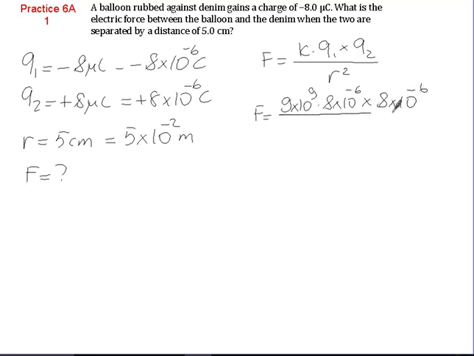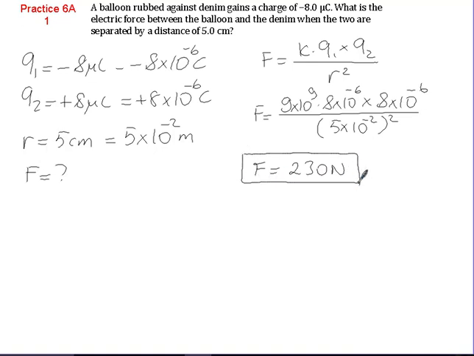As I said, during calculation we just use the magnitude of charge. The distance is 5 × 10 to the minus 2, squared. Then if you use a calculator, you will see that F is equal to 330 Newton. That is the force between the two charges.